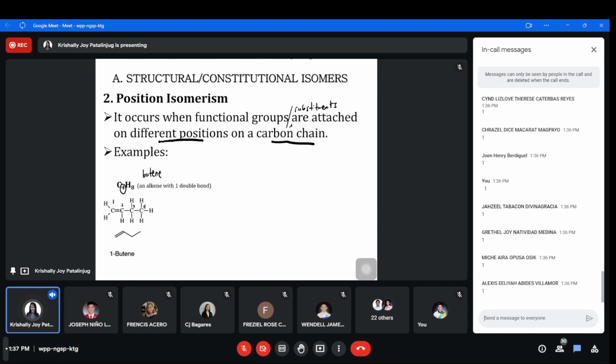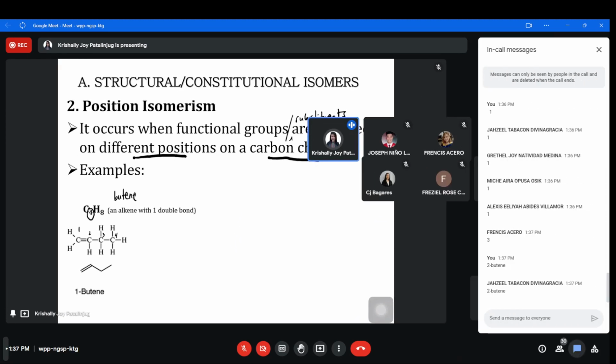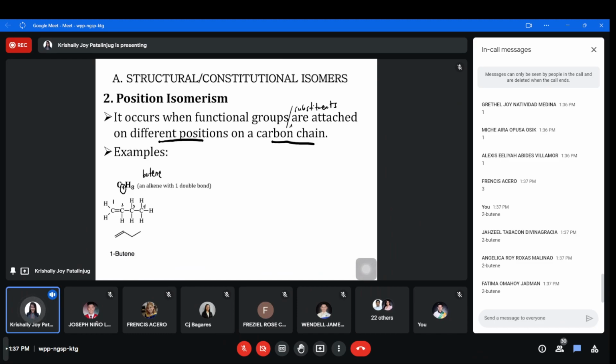Kung may 1-butene, kung i-transfer mo yung position ng double bond, what is the other butene molecule na pwede nyong ma-obtain aside from 1-butene? You simply transfer that 1 double bond. You could obtain 2-butene. Very good. You could obtain only 2-butene.